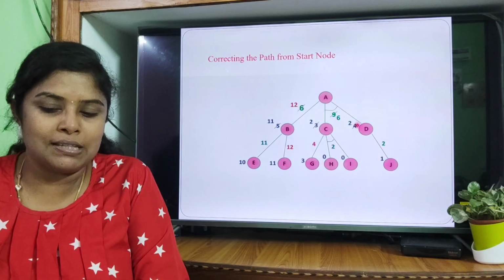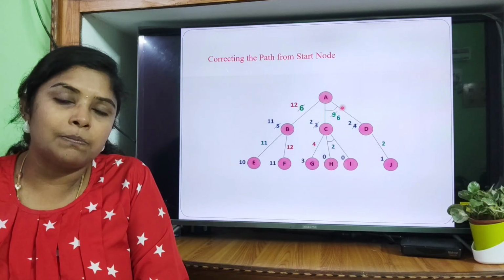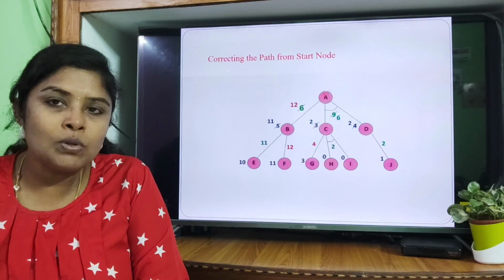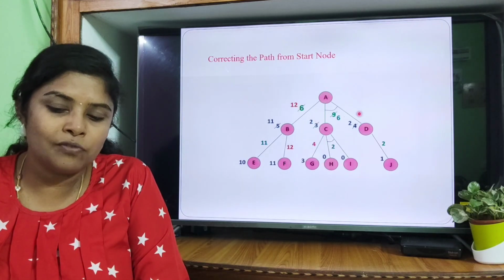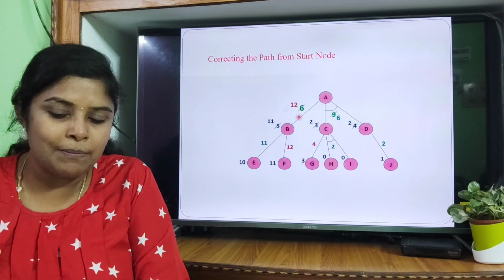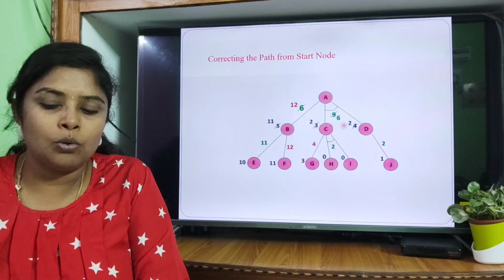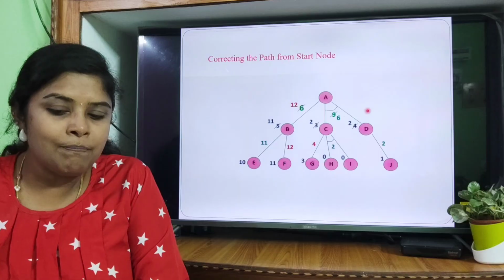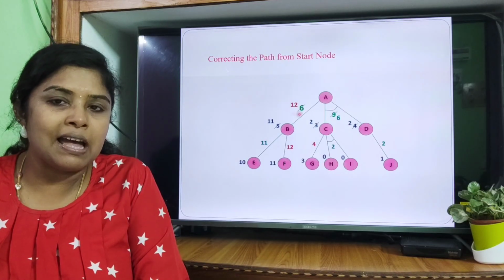And now we need to see the total cost when we backtrack up to A. So if we choose this path, what will be the cost? We have the 2 path costs from A to C and A to D. We have 1 plus 1. And the heuristic values we got as 2 and 2. So totally 1 plus 1 plus 2 plus 2, we are getting 6. Now this 6 is less than 12.